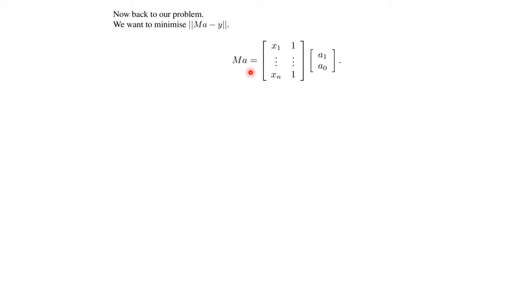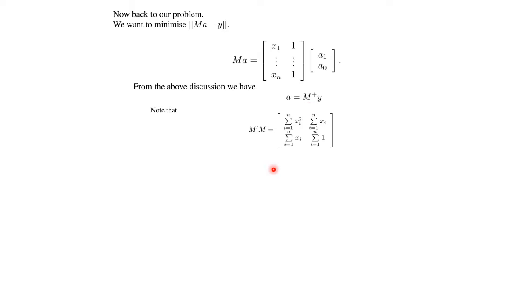We've got Ma being this, remember M was this list of the x coordinates and a column of ones. Now there is Ma. So to find a, we take the pseudo inverse of M times y. And when you take M transpose M, this is what you get, and that should be ringing bells. We've seen that before in the previous investigation when we had the calculus approach.